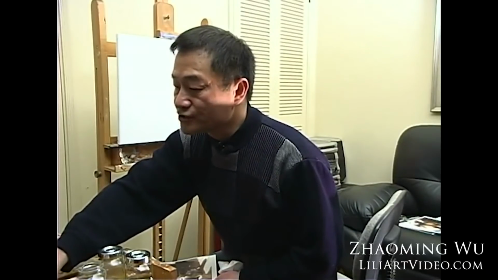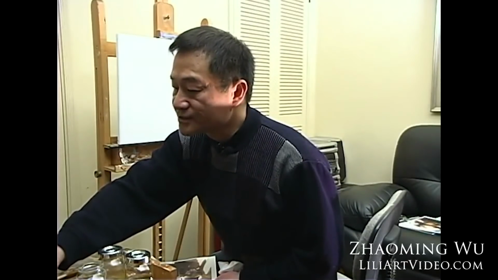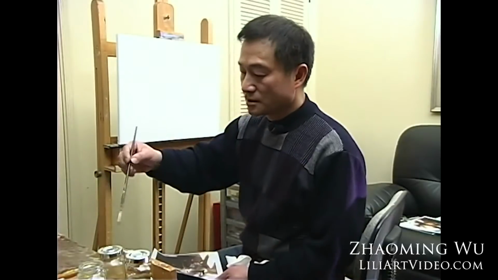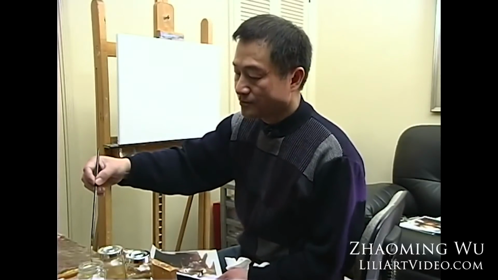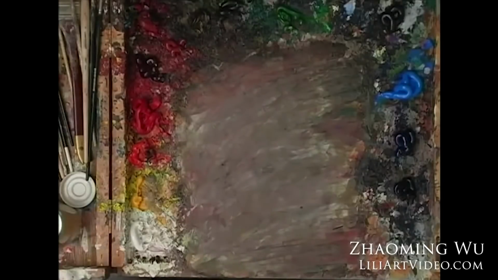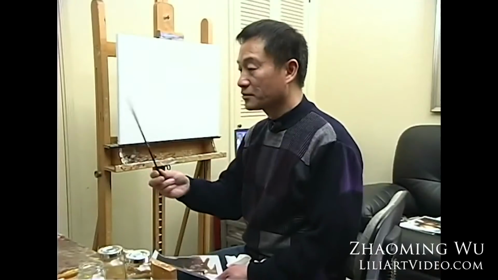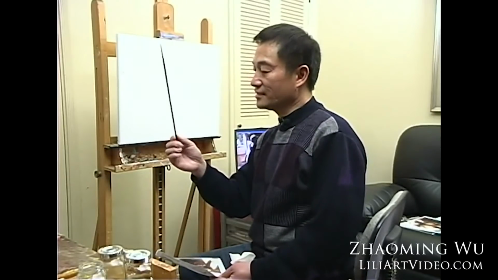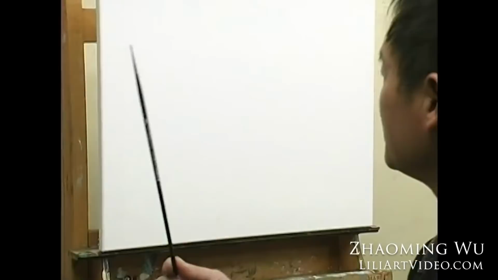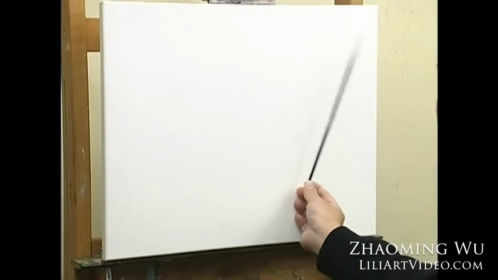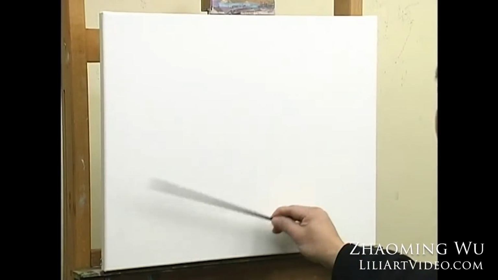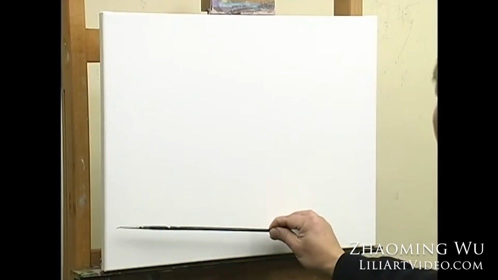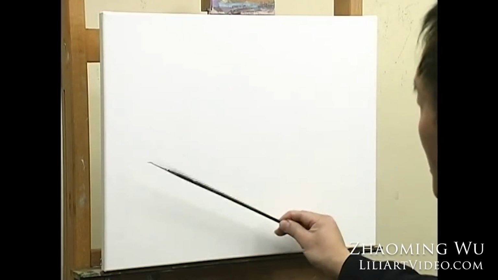Using a small brush, start to sketch, with turpentine only. Holding the brush, I love to hold the end of the tip, because that covers a bigger area, very flexible, a lot of freedom.